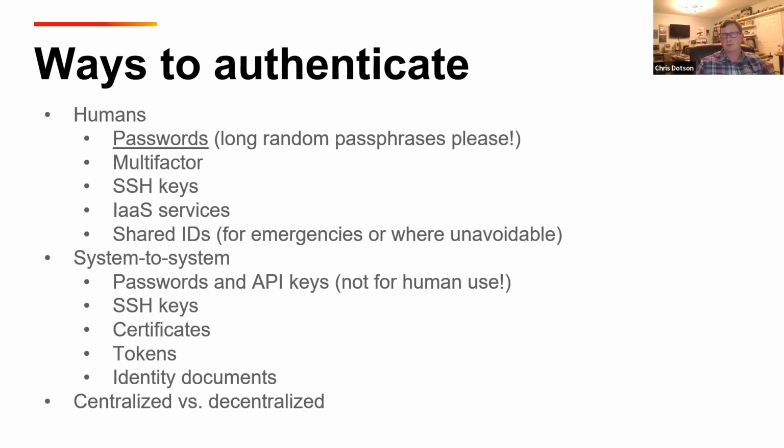Let's talk a little bit about authentication specifically. Everybody's familiar with passwords. One thing to note first, whether you're dealing with authenticating to infrastructure as a service or software as a service or virtual machines or system-to-system connections, you always need to worry about authentication. It has never been a good idea to have weak or no authentication on services where you depend solely on the network to protect you.